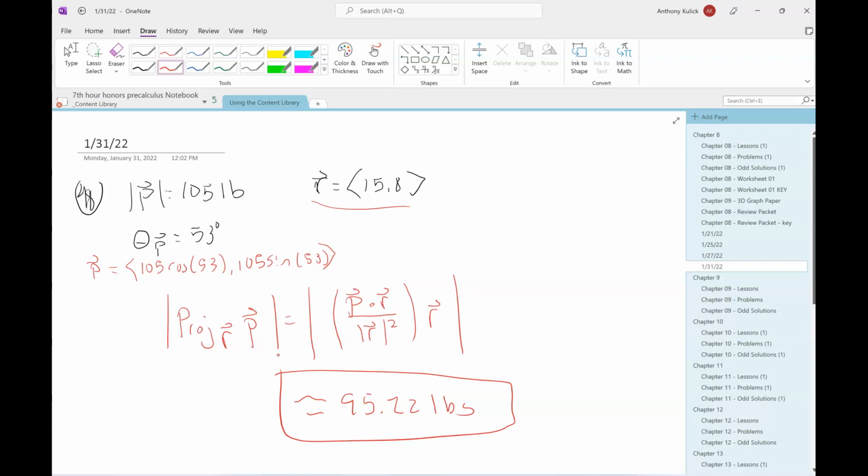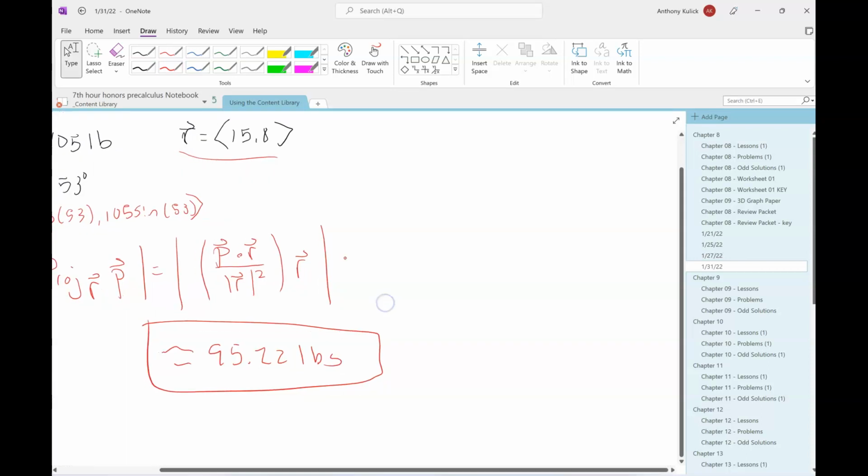Can you just explain the calculator part again? Like, can you just go through that again? I mean, it doesn't matter how you're really doing it on the calculator. I tried to do it minimally, but I did the dot product.